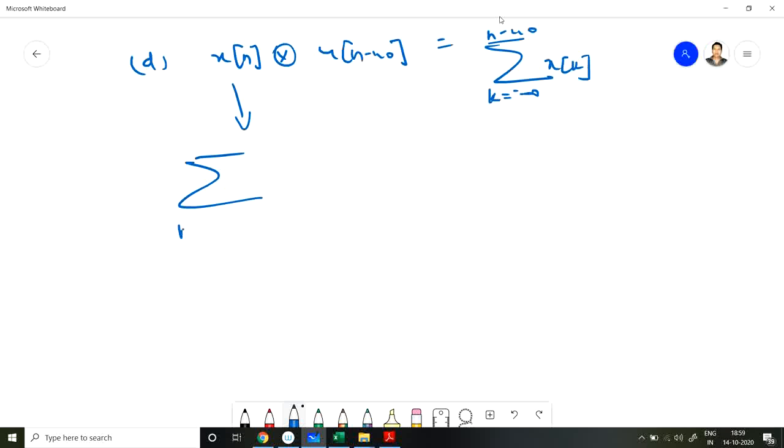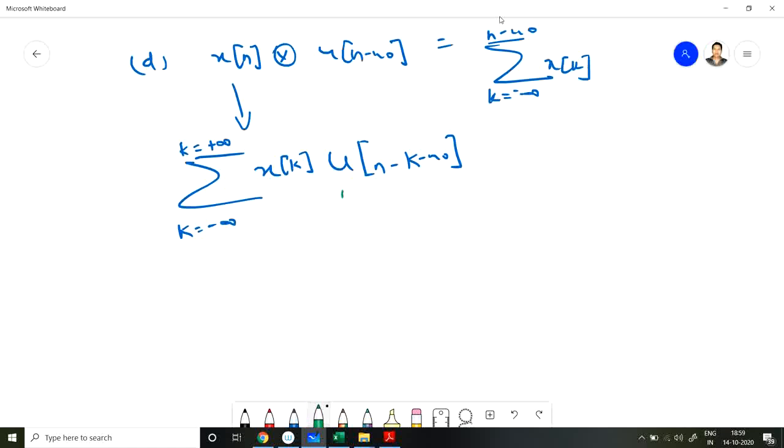Again we can write it in the form of the convolution sum, that is k equals minus infinity to plus infinity of x[k] u[n − k − n0]. Now just apply that property.